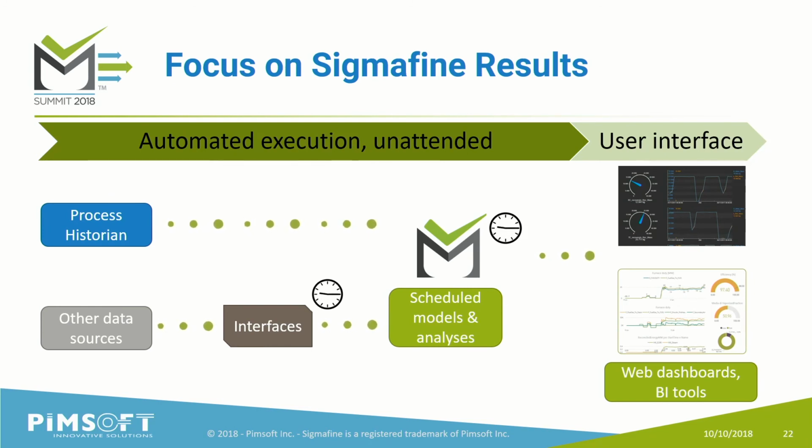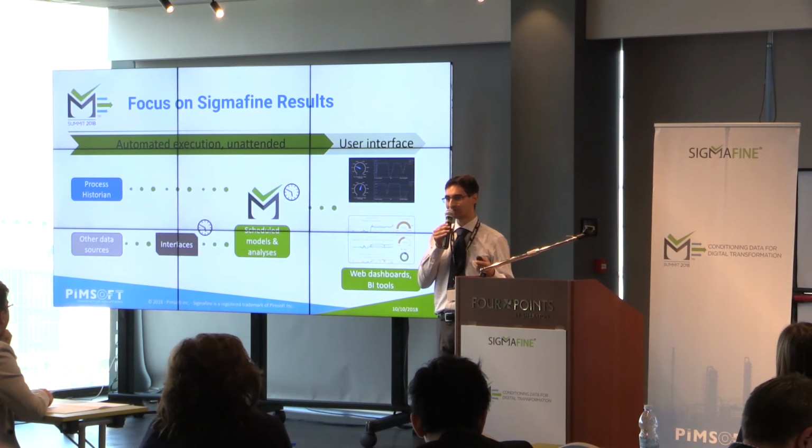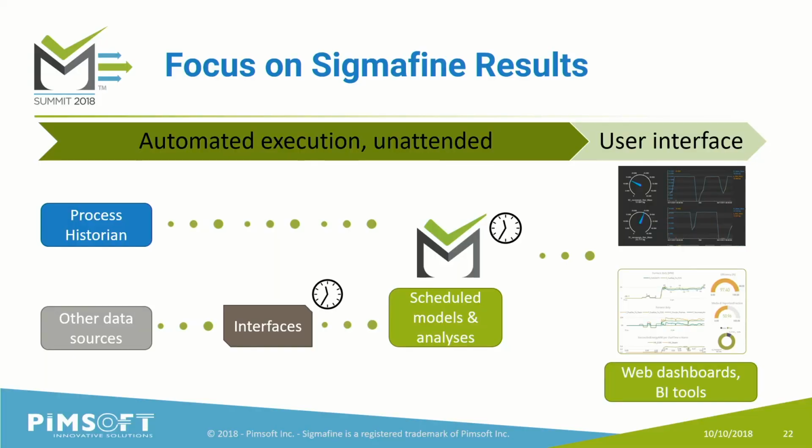And so what's working behind is working automatically and unattended. For sure, one of the issues that you may encounter when configuring a system like this, especially if you are retrieving data not only from the historian but from many different systems, is that all the interfaces are working and scheduled in a correct way such that the workflow is working in all the cases.